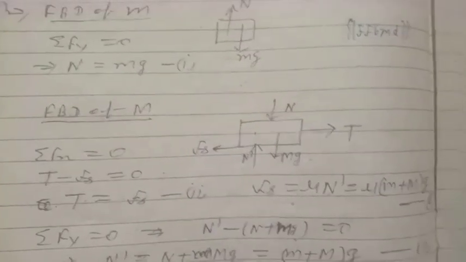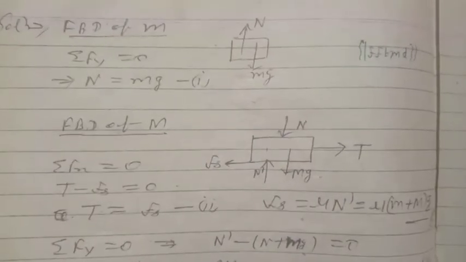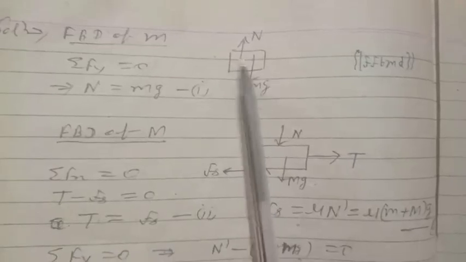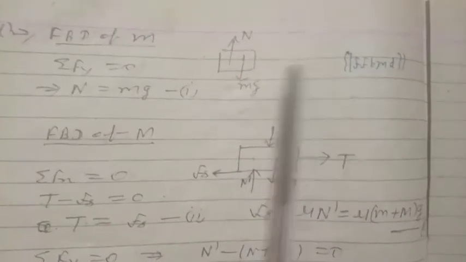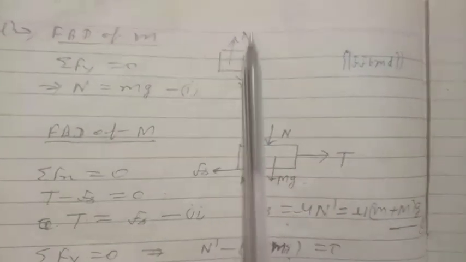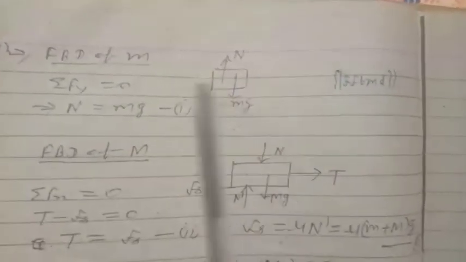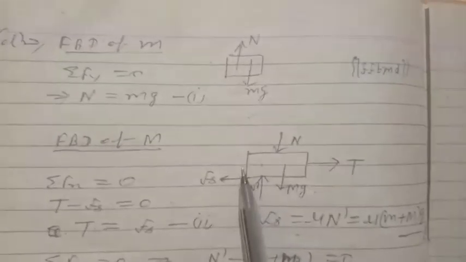Now consider the FBD of M. In this body, because there is no force acting in this direction, only vertical force is acting, so we have not shown the horizontal force here. Now for the FBD of M, it is the second body, this is the situation of the second body.